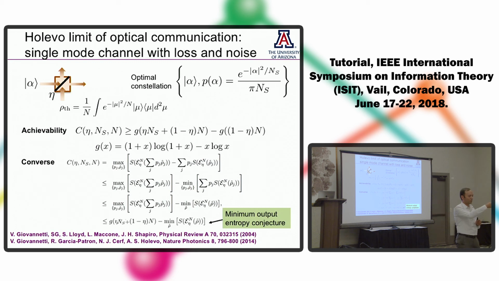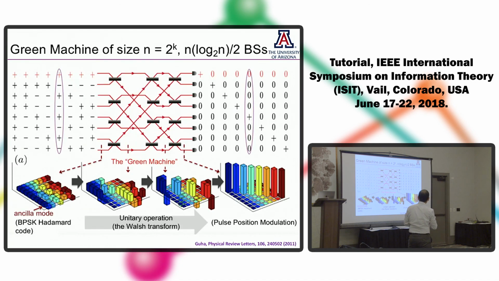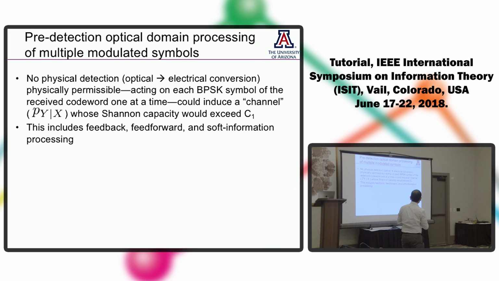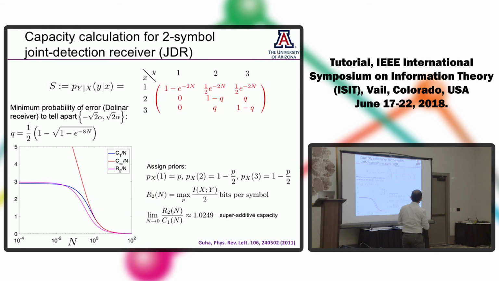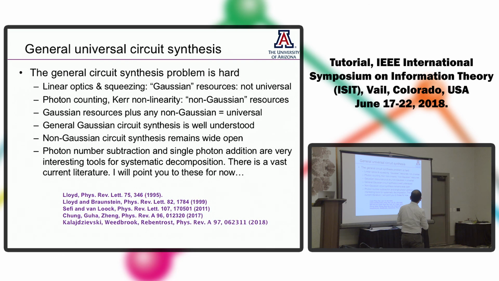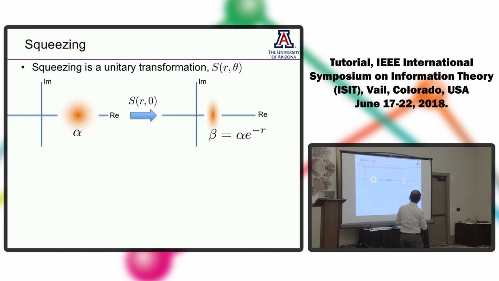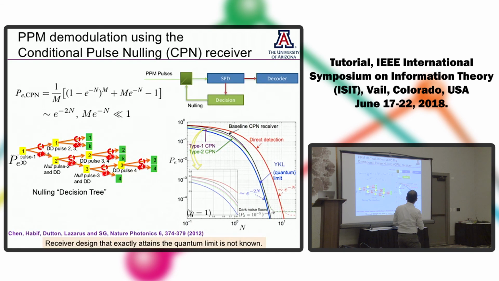More questions? No? So the question is, currently for deep space optical communications, which receiver do people use? For deep space communications, they use pulse position modulation and photon counting. If I go to my PPM slide over here, here.